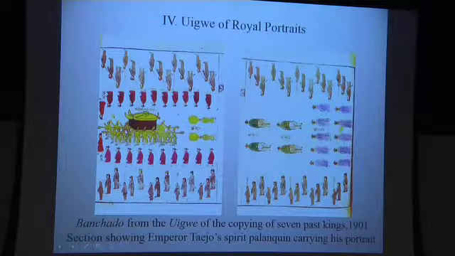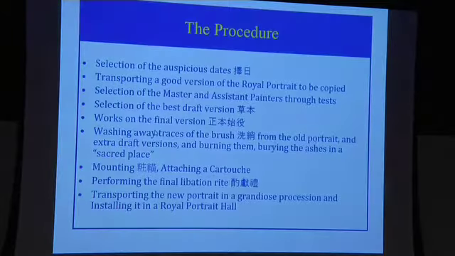And these are all yellow in accordance with the imperial rite. So this large palanquin carries Emperor Taejo, and they all renamed the past kings as emperor. So it's called emperor.